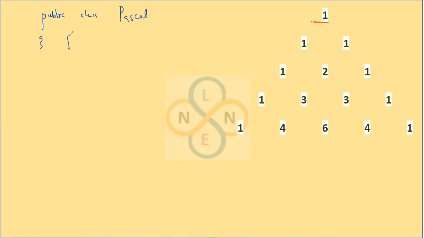So here, public int getFactorial is one method which takes an integer input. I am taking the parameter as n. Inside this, the same condition: if the number n is either 0 or 1, we are supposed to return 1, because 0 factorial and 1 factorial are 1 only.